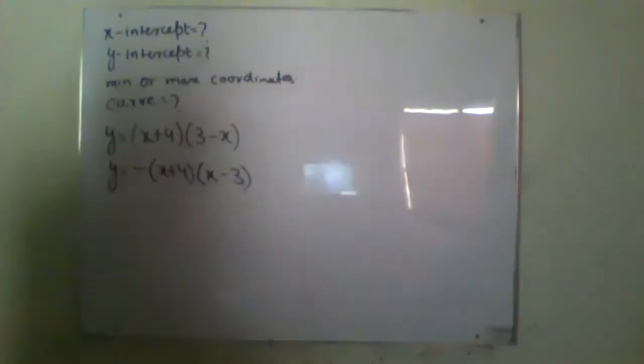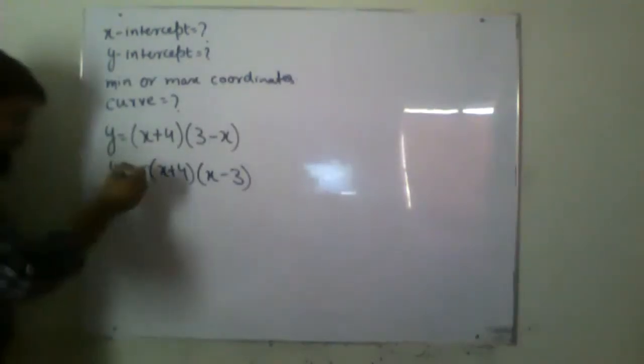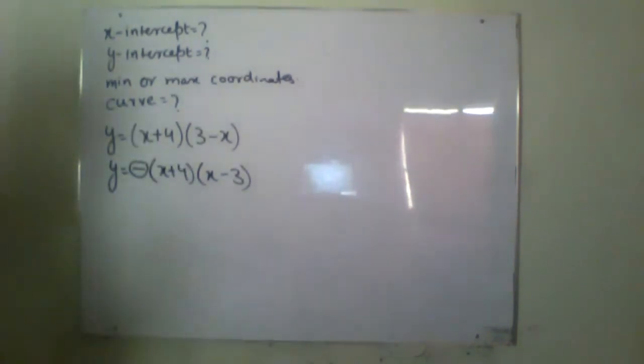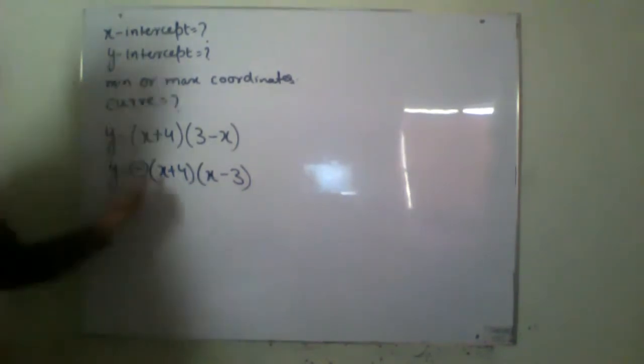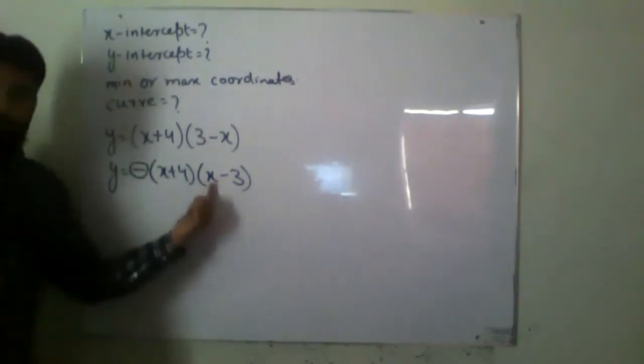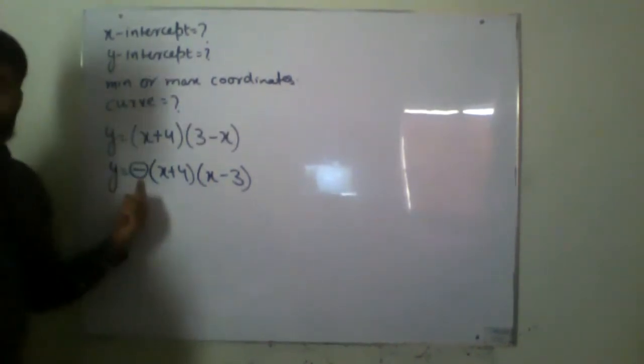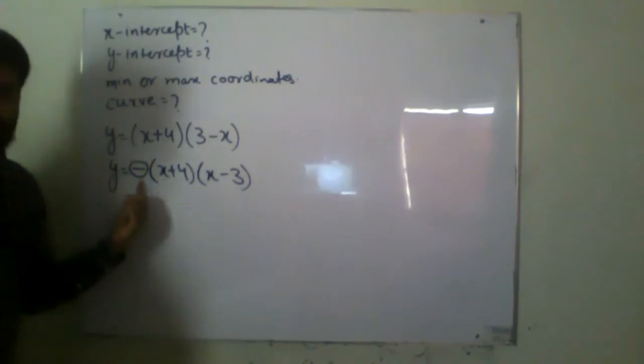After making x positive, you will check what is the sign over here. If I multiply these two, x into x, this will become x square. Multiplied by the minus sign, it will become minus x square.